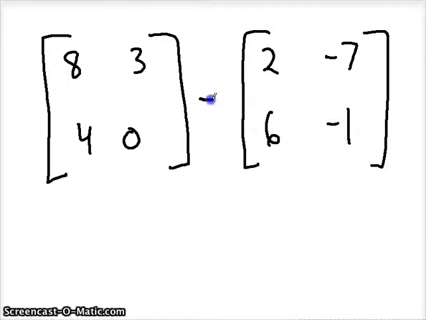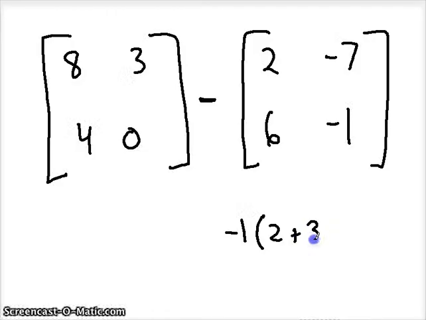So just like how a subtraction sign sitting outside some parentheses, if we were to have, let's say, -1 outside, something like that, we would have to make sure and distribute that negative to everything inside the parentheses. Well, matrices work similarly. If you have a negative sign sitting outside a matrix, you must distribute that negative sign to each of your entries.